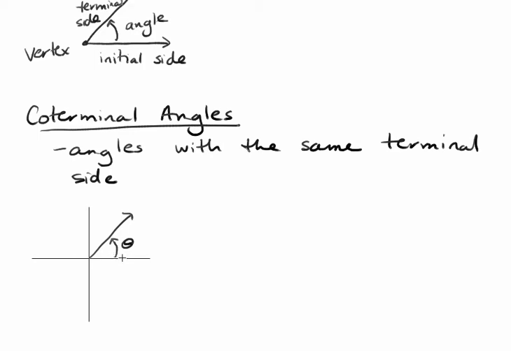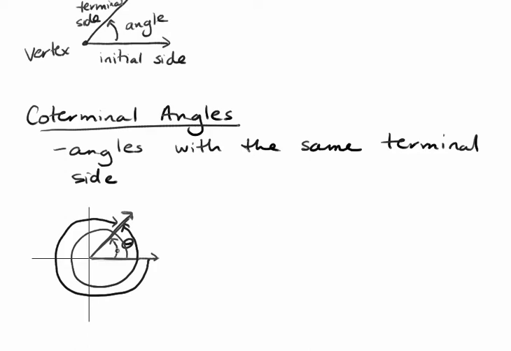A coterminal angle to this would be, again, starting with our initial side on the x-axis, but we could travel one time around and then come back to the same position. Or we could start at my initial side and go in the opposite direction back towards that angle, which would still get me to have the same terminal arm.